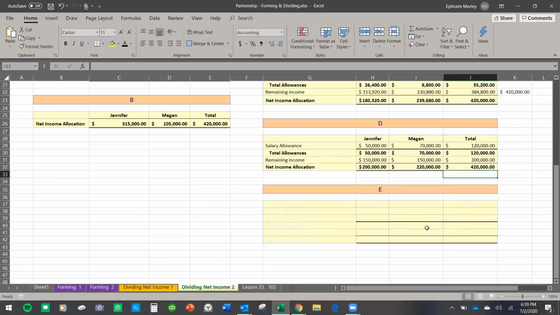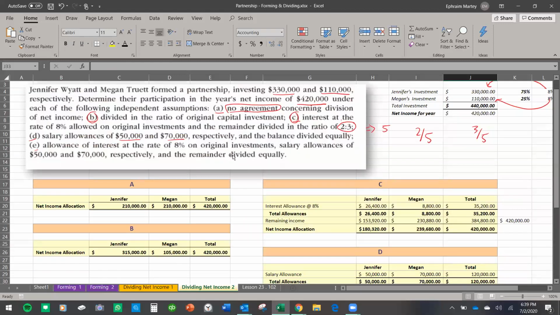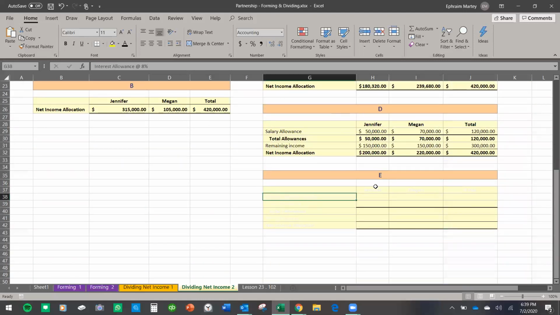Now let's do the last one, E. So E, what is the agreement? It says allowance of interest. Okay, so they are getting allowance of interest, 8% on capital investment. So I'm going to begin with 8% on capital investment.